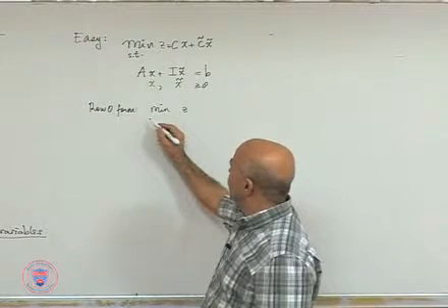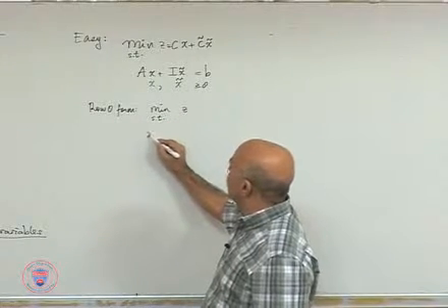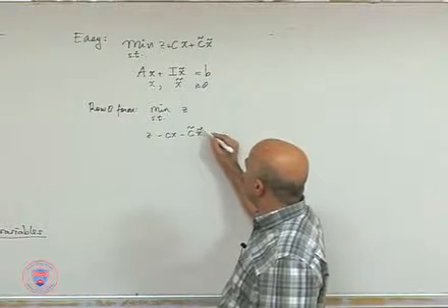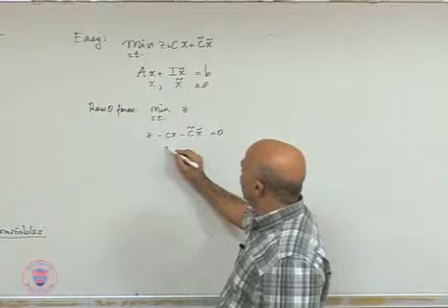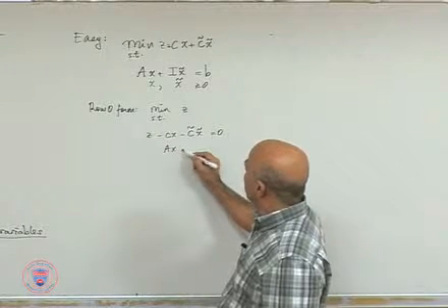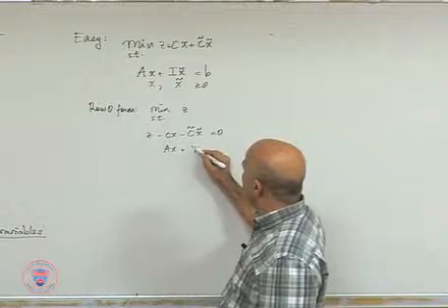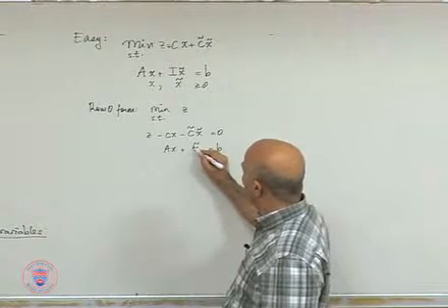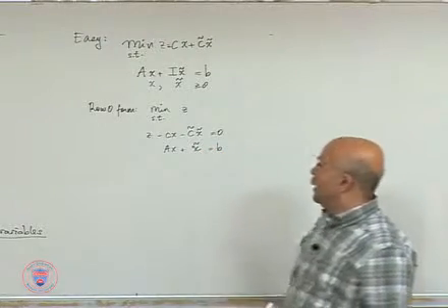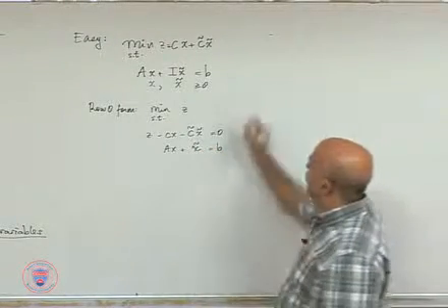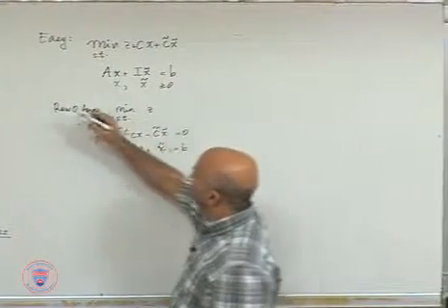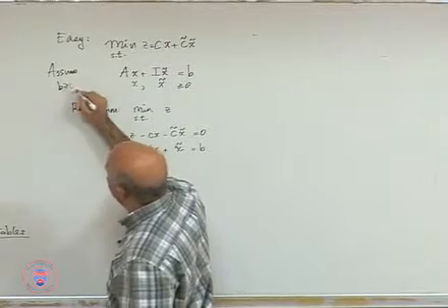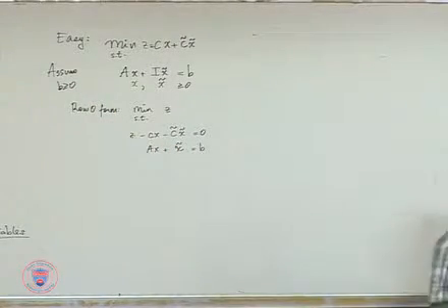Row 0 form will be minimization of z subject to z minus cx minus c tilde x tilde equals 0 with Ax plus identity x tilde equals b here. I'm assuming b is again non-negative. So let's make that assumption. Assume b is non-negative again. Otherwise, it won't work. Okay?